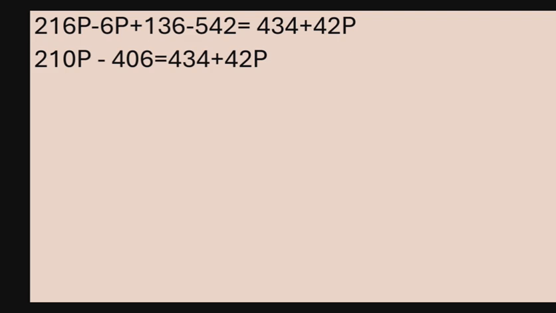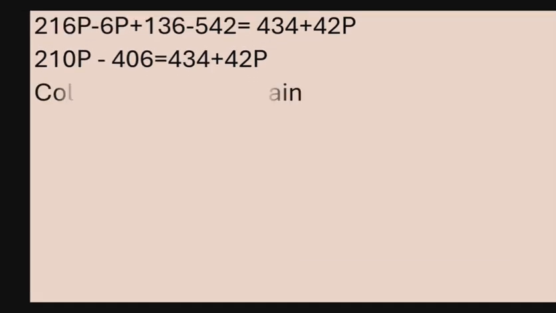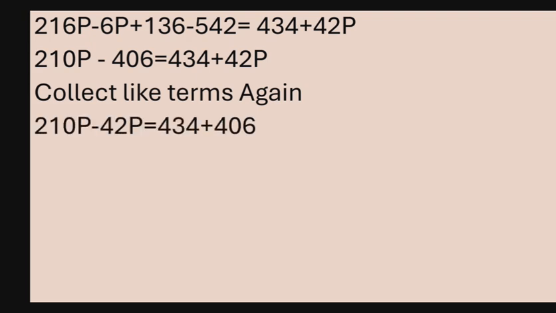This 136 minus 542 is going to give us minus 406. Then you bring down this 434 and the 42p, you collect items again. Then when you collect items, which is 210p, this plus 4p will now leave.